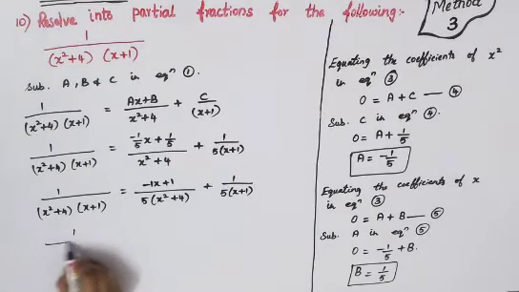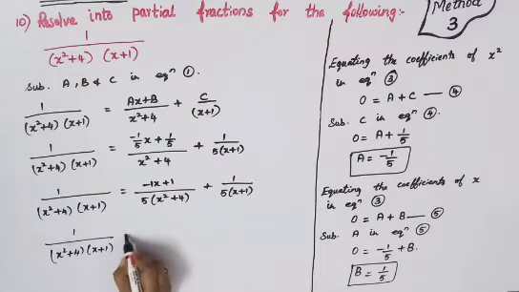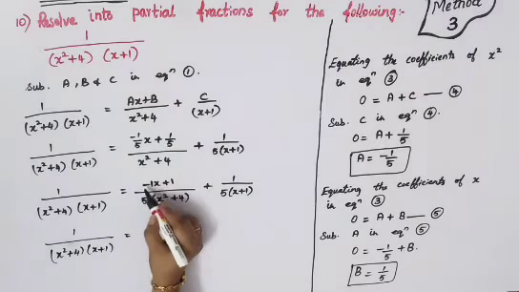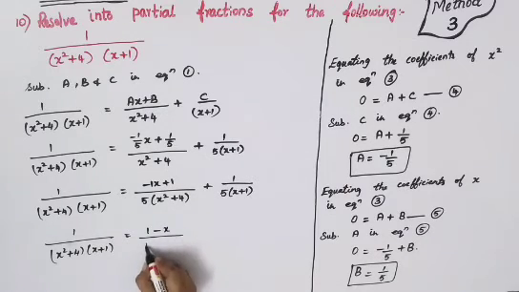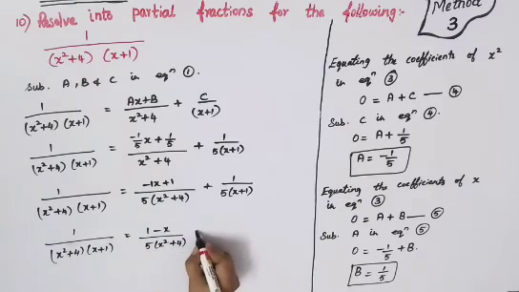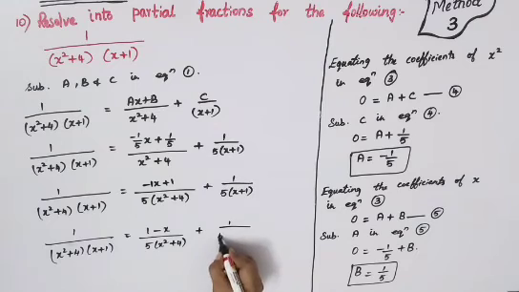The last step of solving is 1 divided by x square plus 4 into x plus 1, which is equal to, take this plus term towards the front and the minus towards the next term. So 1 minus x divided by 5 into x square plus 4, plus 1 by 5 into x plus 1. So this is the answer for your 10th question.